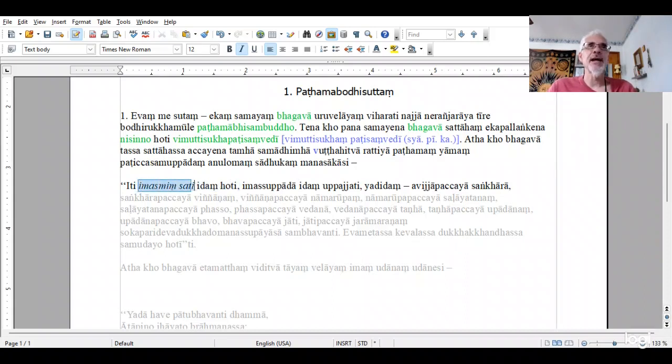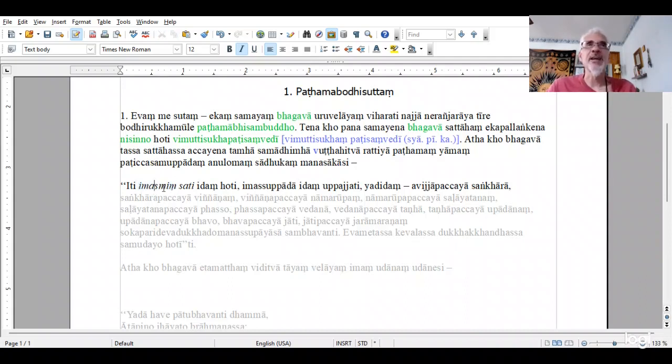I've put this in italics because this is a locative absolute. A locative absolute has two parts. It's going to have some sort of noun or pronoun in the locative case, and then it's going to have a participle also put in the locative case. So here we have imasmiṃ, neuter locative singular.